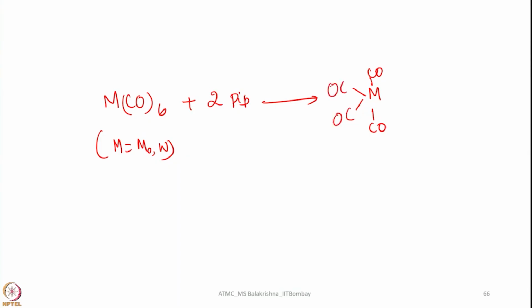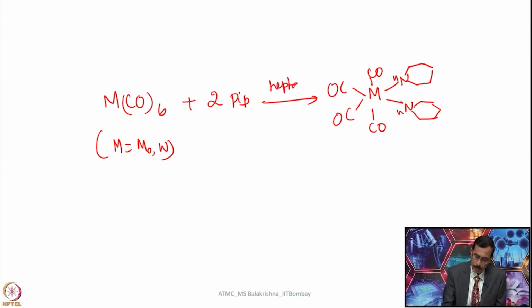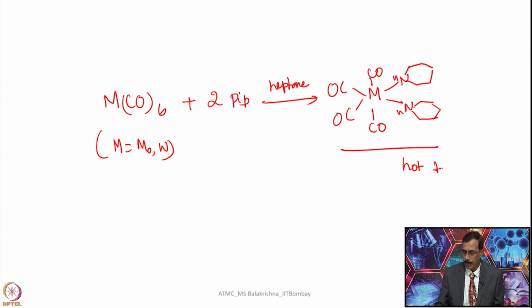These piperidines will be binding here. You take these two and reflux in heptane, and within about 2 hours a bright yellow precipitate is formed. One has to do hot filtration, which ensures that unreacted MoCO6 or WCO6 comes out, and whatever remains on the filter paper as insoluble material is this compound.